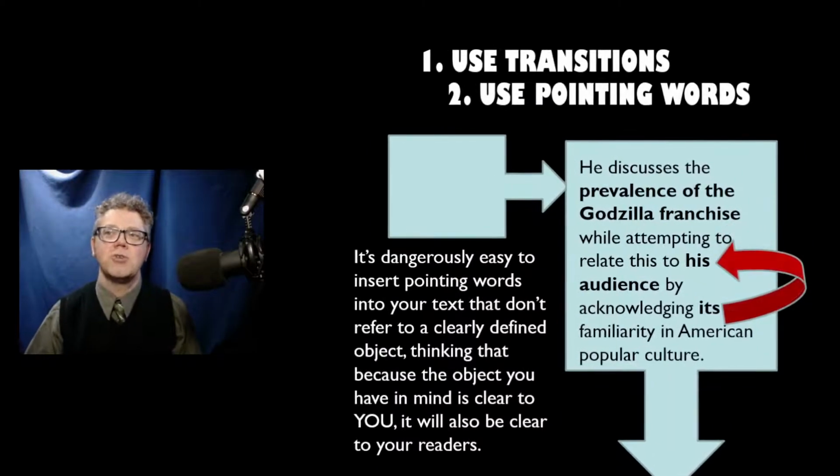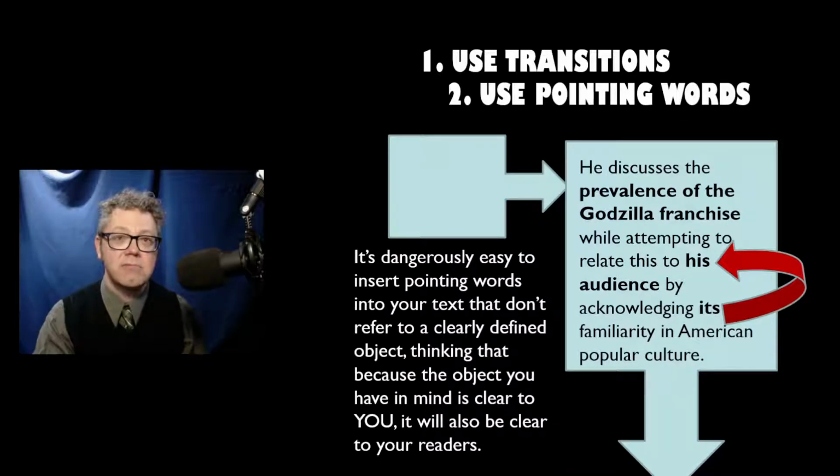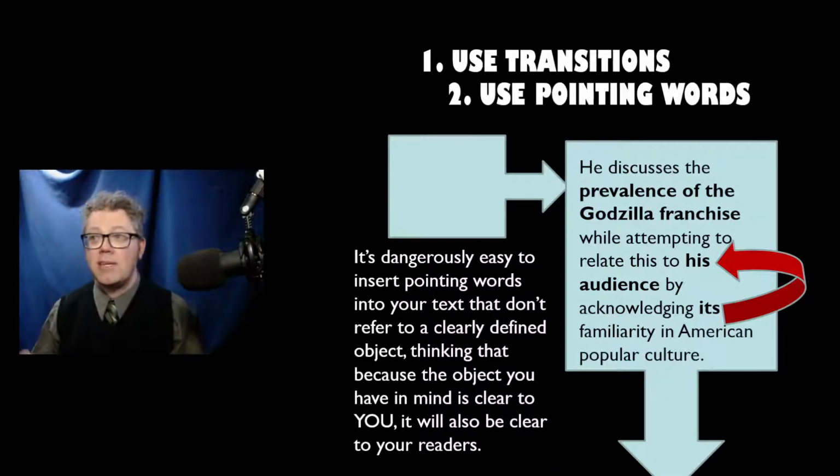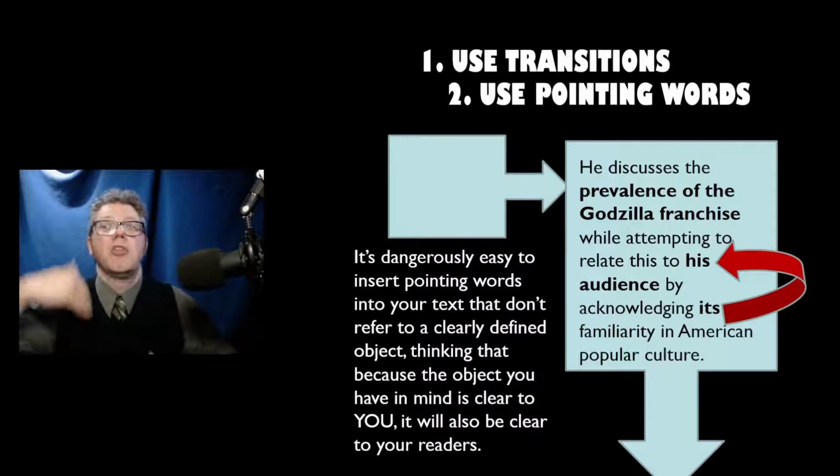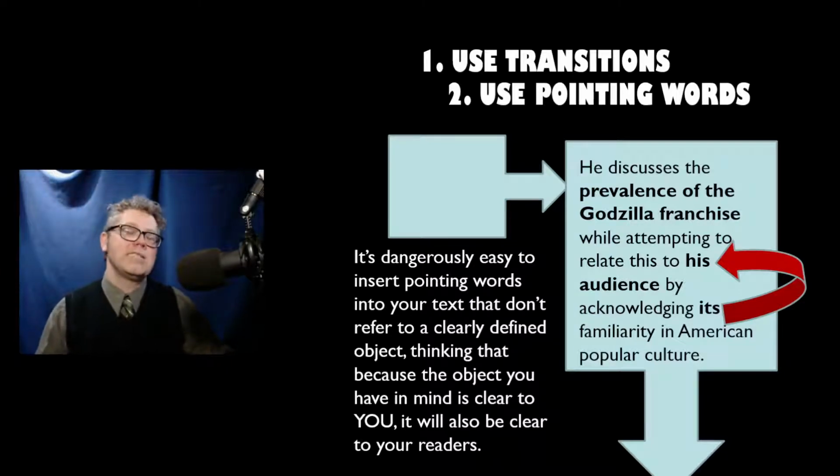It's pointing to his audience. Okay? It is closest to his audience. And consequently, that's what it's pointing at. It wants to point to the prevalence of the Godzilla franchise, but it's not.